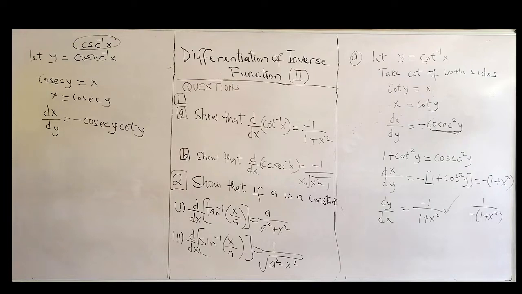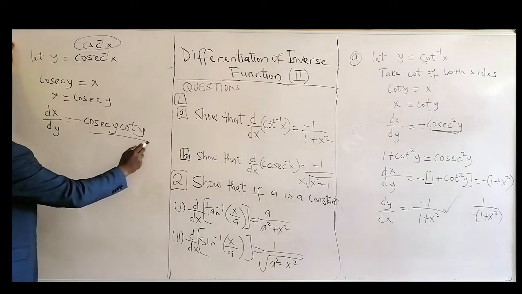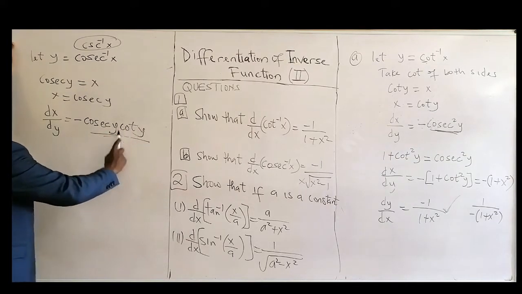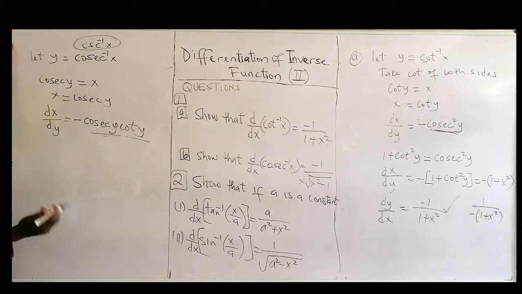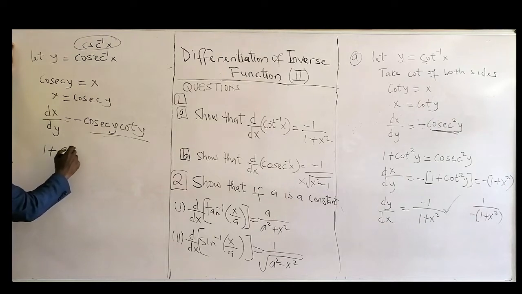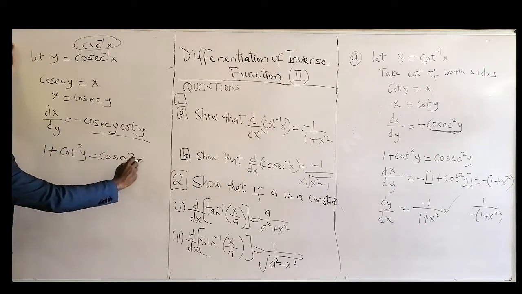What we now do is ensure that everything we have here is all cosec, so we have to substitute for cot y here. How can we get that? Don't forget, in one of our identities, we know that 1 plus cot squared y is equal to cosec squared y.